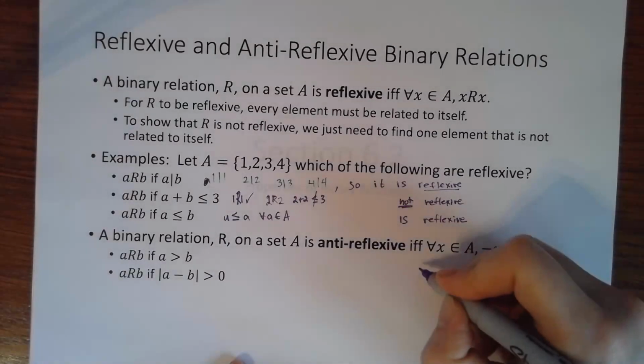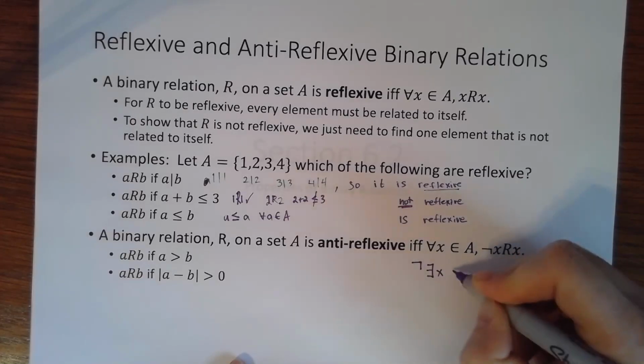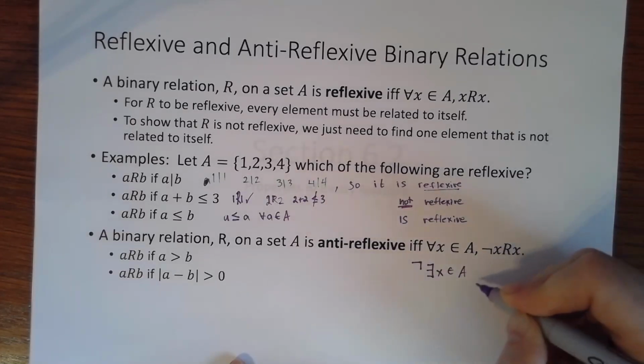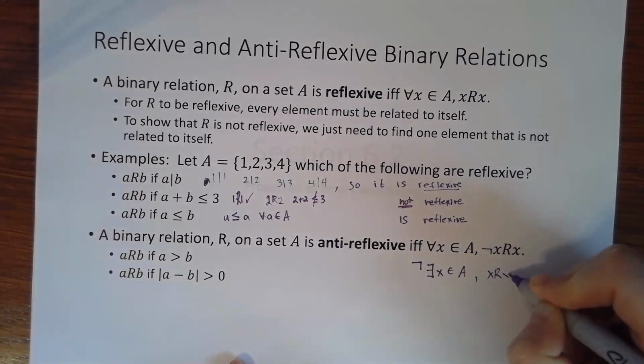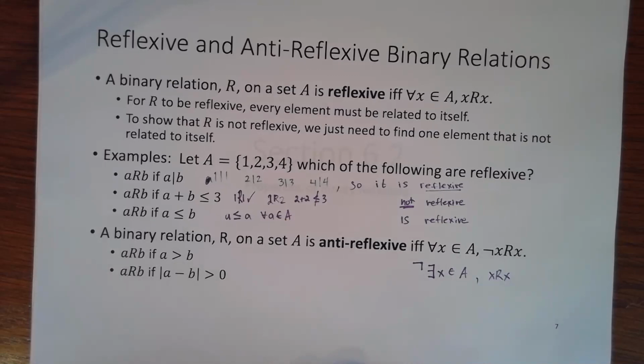So we could change this into an existence statement. Here we could say, for every x in the domain, x is not related to itself. Or we can say there doesn't exist a single x in the domain in which x is related to itself. These are just two ways of saying the same thing.